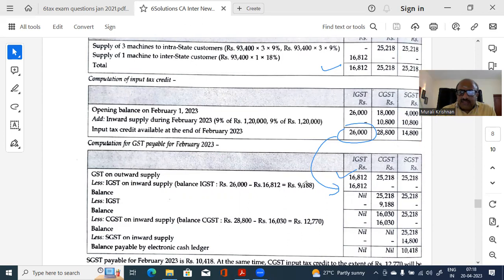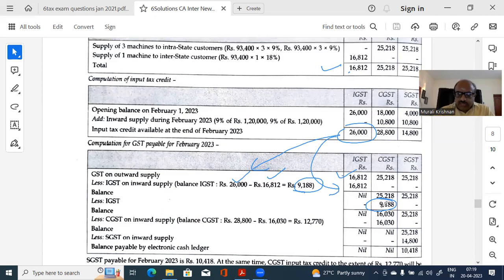IGST input utilized to the extent of 16,000 here. So what is the balance? 26,000 is available. This 26,000 minus 16,000 I am utilizing, balance 9,000. That I am going to use for 9188. Now the choice is for you. You can do under CGST or SGST. That we'll see, because that's why the last part of the question was important.